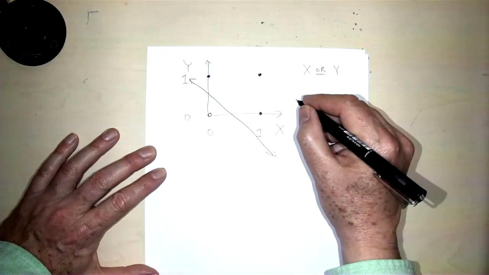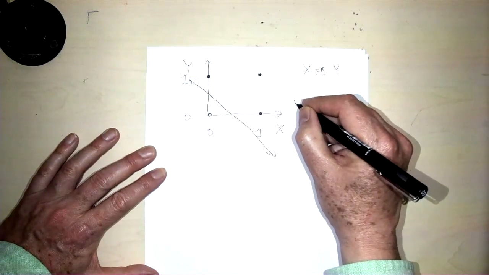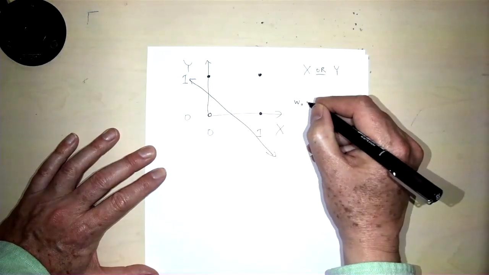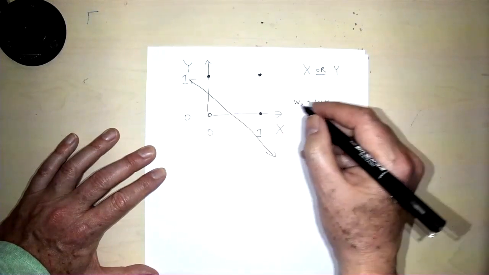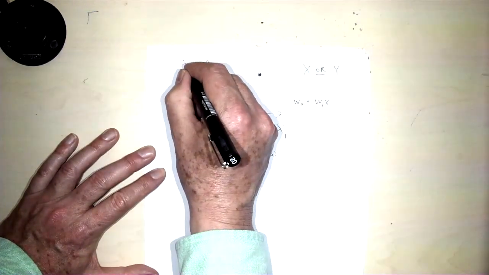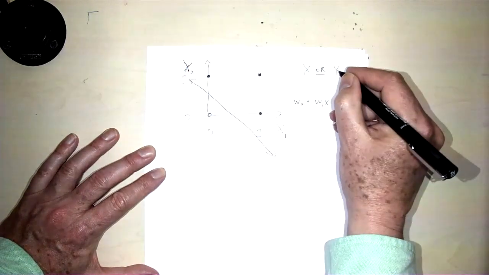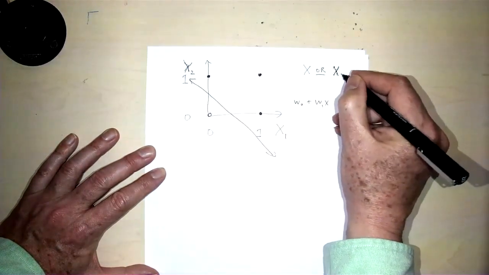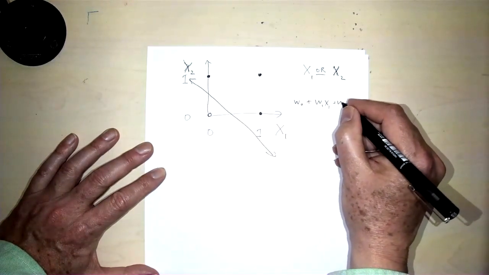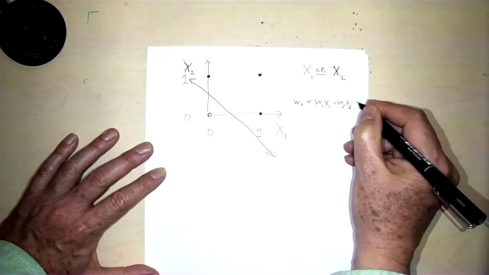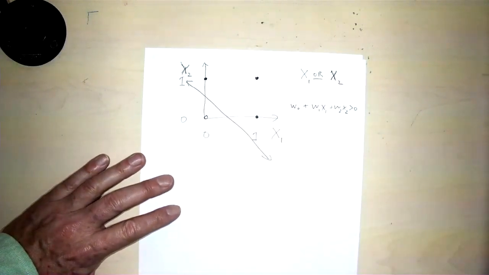And what we're looking for is an equation of the form W0 plus W1x, sorry, let me call this x1 and x2. So I'm looking at x1 or x2. So W0 plus W1x1 plus W2x2 greater than 0.